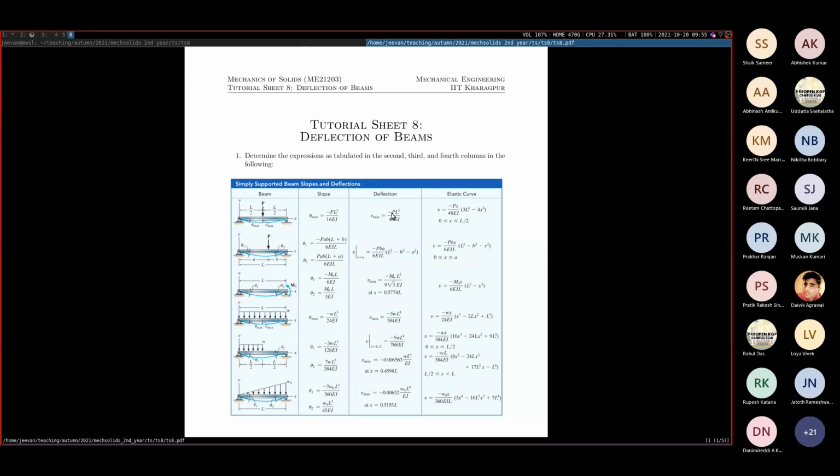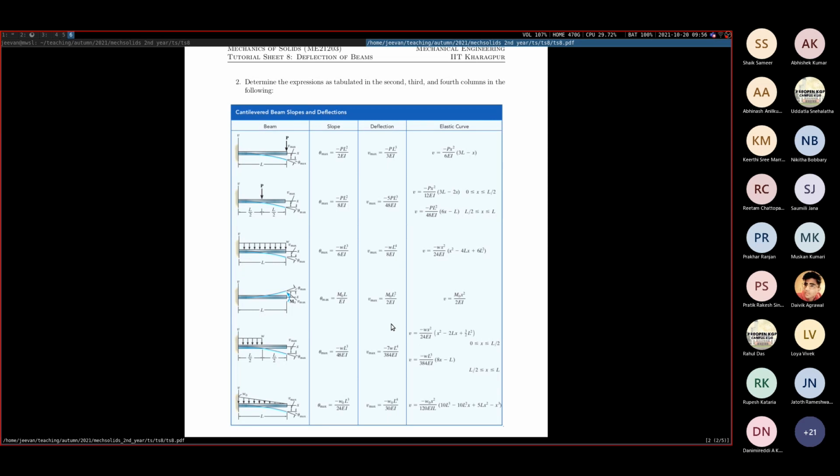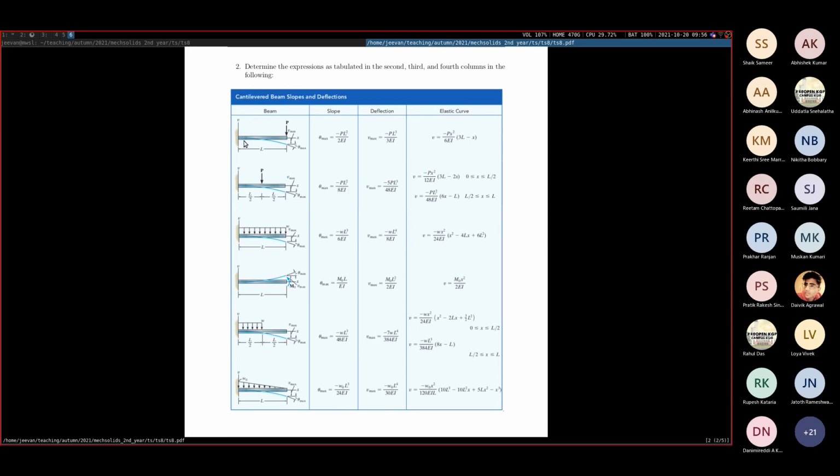The minus sign is only because the deflection is taking place in the downward direction. In examinations, you are most welcome to keep referring to these. Now that you are not under any pressure of an examination, get yourself familiar with these fundamental solutions. Here you have many of the simply supported cases. In the next page, you have many of the cantilever cases, the most elementary being this one, PL cubed by 3 EI.